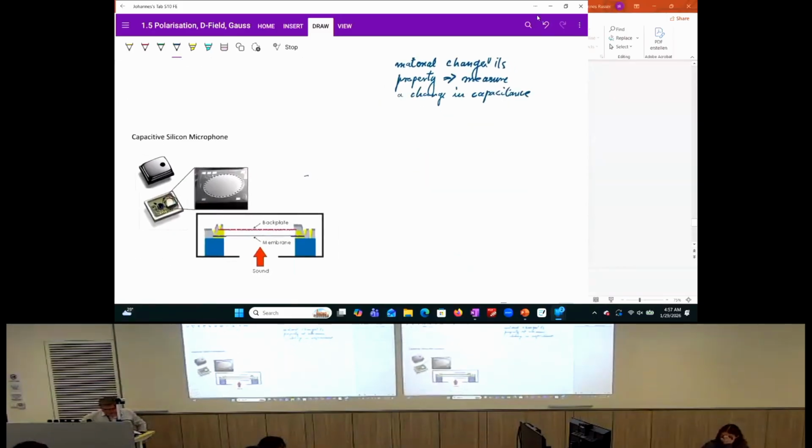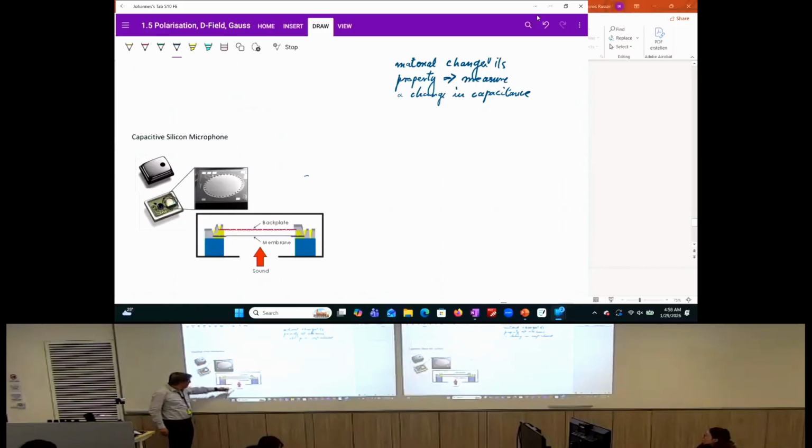Further example: here the change of capacitance can also be used to detect sound waves. You have here a small capacitive silicon microphone, and you see here a sketch where you have a backplate and a membrane, and basically these are the two plates of your capacitor.